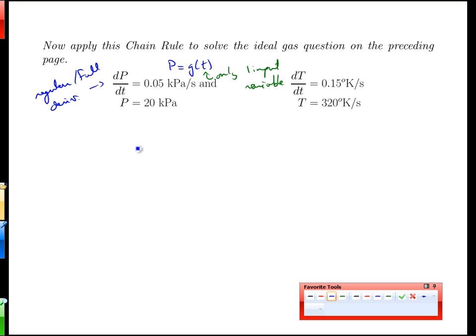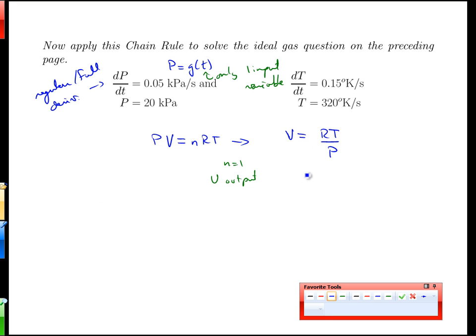And for that reason as well, let's take a look at our equation here. PV equals nRT, and we're using a couple of features here, that n equals 1, and that V is our output. So our volume is RT over P, like so.